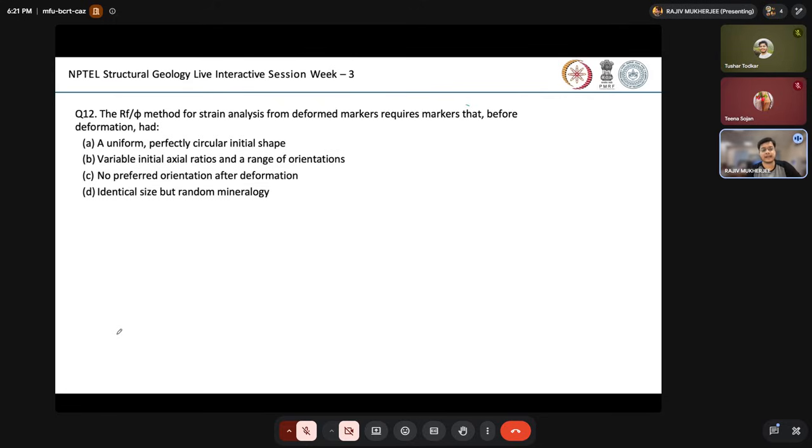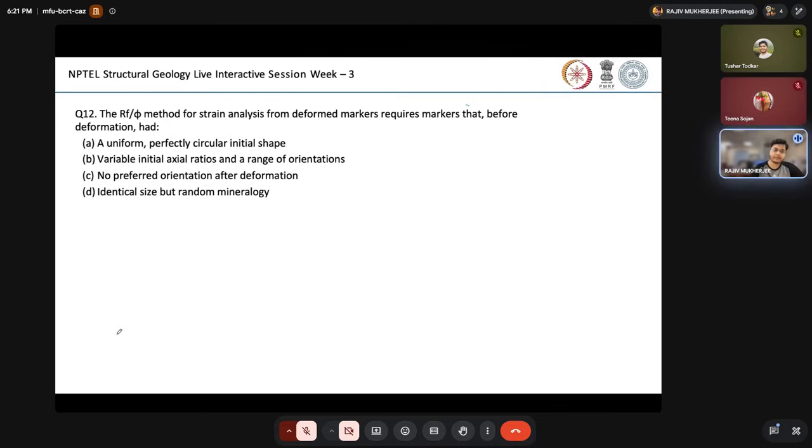And option D, identical size but random mineralogy. Option B.